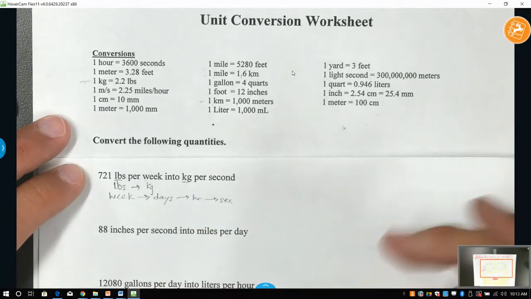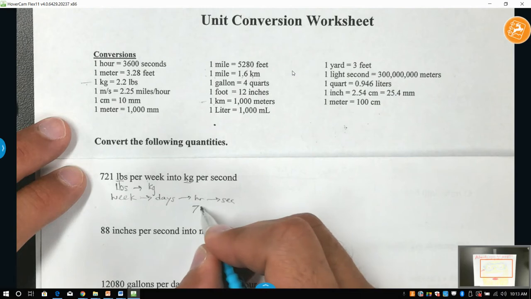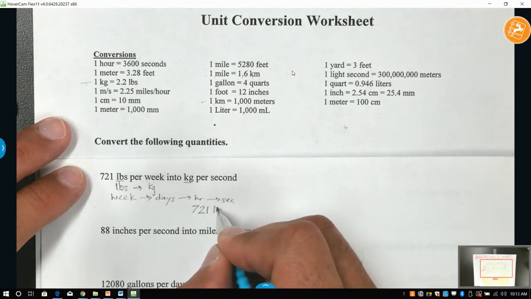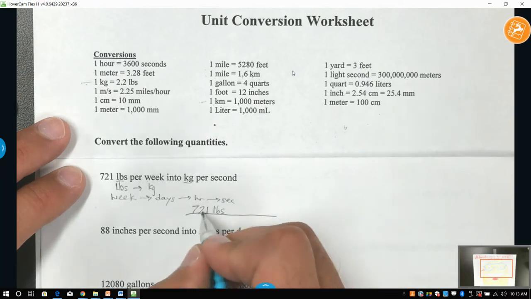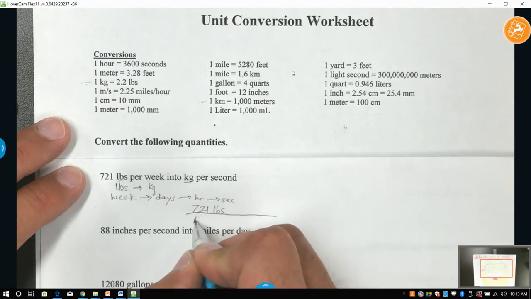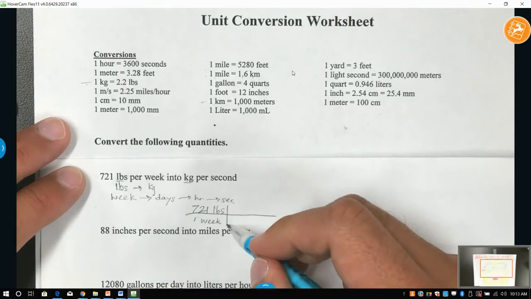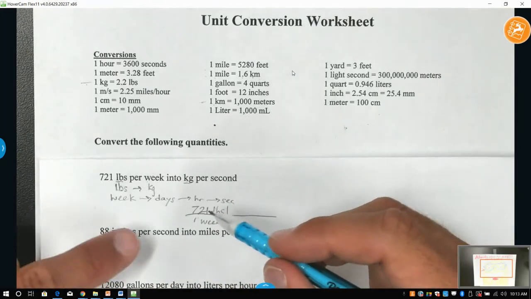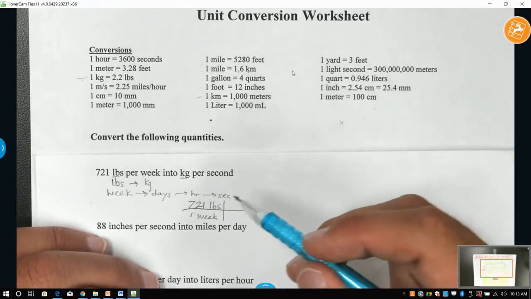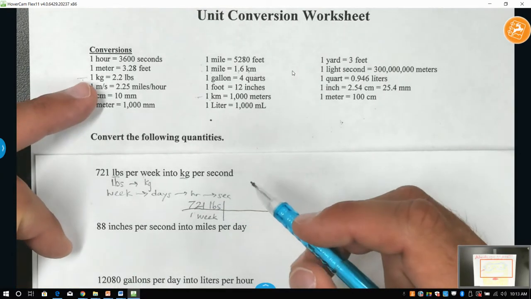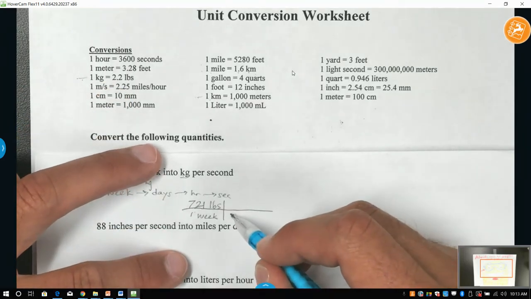So we take our first guy, put it in the starting spot: 721 lbs over 1 week. I want to get from pounds to kilograms first. So the conversion is kilogram 1, pounds 2, but lbs is on top, so we need those lbs on the bottom.